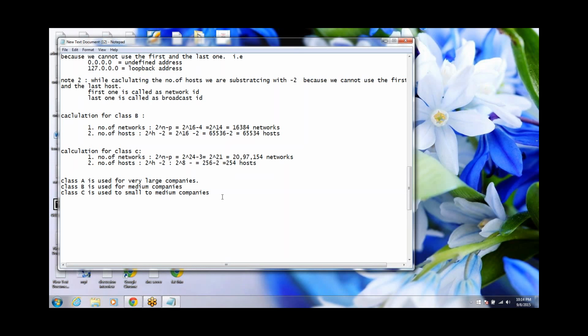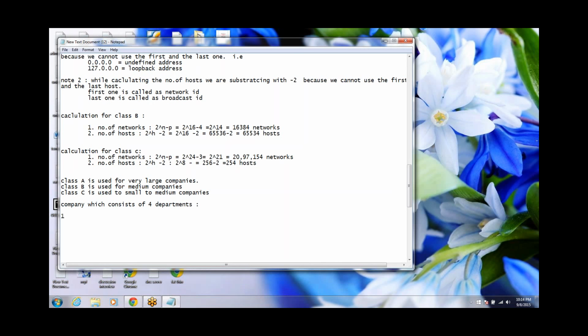Okay. Now what is the purpose, where are they used here, and how are they used here? Let me design one small network for you here. Based on that, we'll come to the discussion. See here, a small company which consists of four departments.